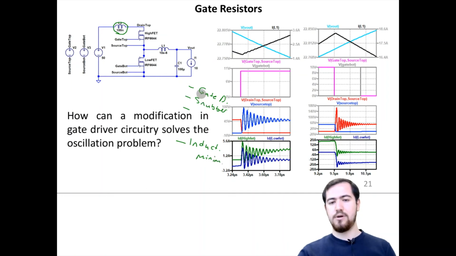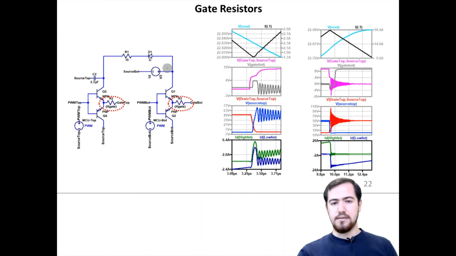So how are we going to solve these problems with the gate driver design? The answer is the gate resistors. So in order not to turn on or turn off the high side or the low side switch instantaneously, we put some resistance to create an increased time constant between the input capacitance of the MOSFET and the gate resistance.